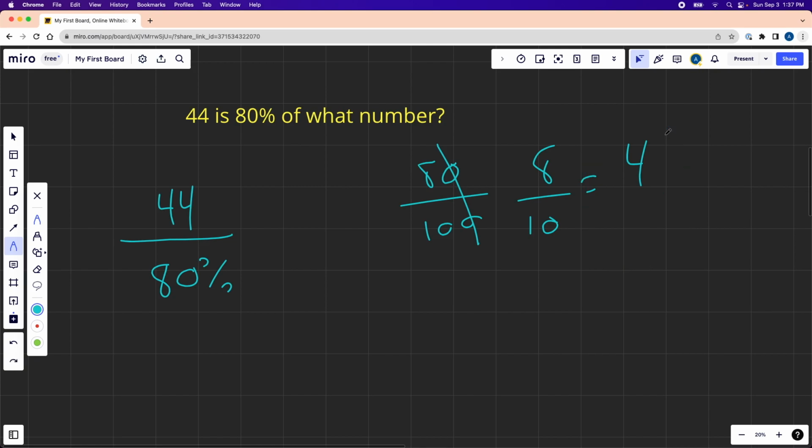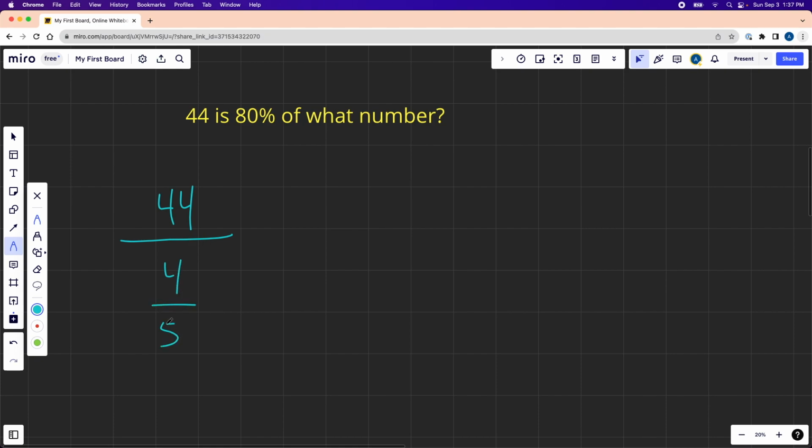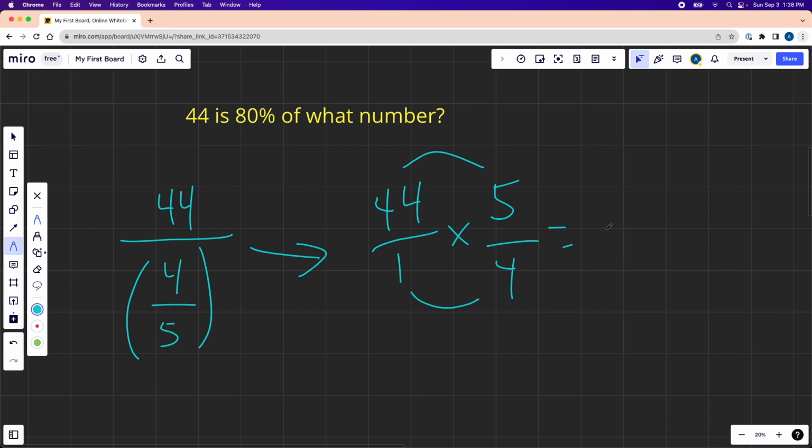All right, so I'm going to rewrite this now by saying 44 divided by 4/5, and now I can convert this into a multiplication problem by saying 44 over 1 times 5 over 4. All right, and now we're going to multiply the numerators and multiply the denominators.